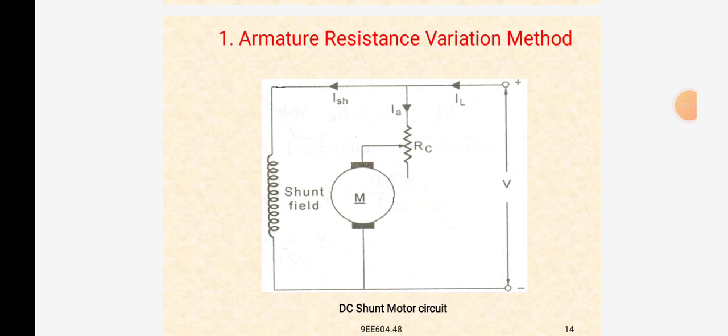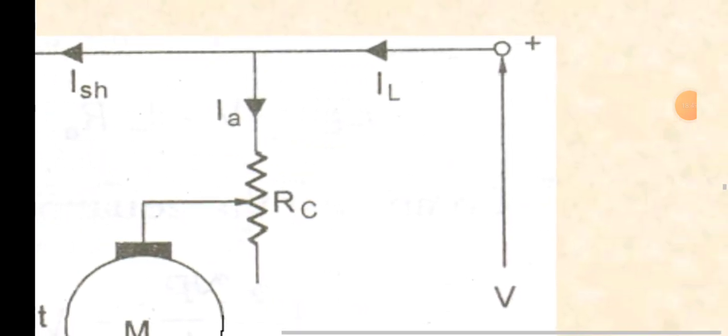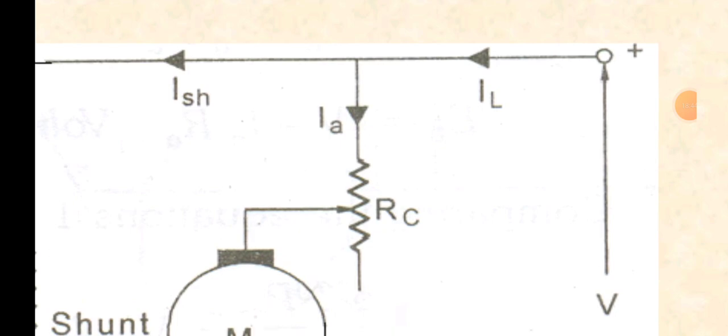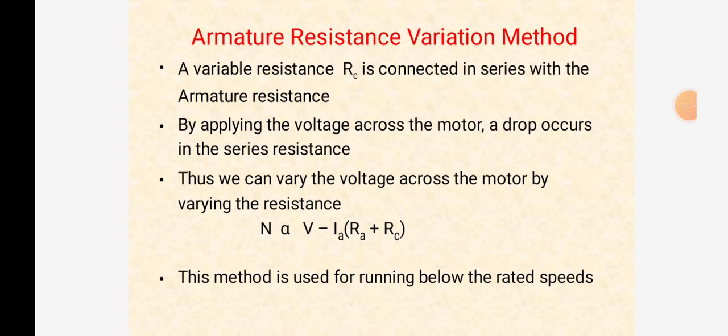Here in this diagram we have the motor with the shunt field, which means it is a DC shunt motor, and it also has the variable resistance. The load current IL is divided into armature current IA and shunt field current ISH. Here a variable resistance RC is connected in series with the armature resistance.